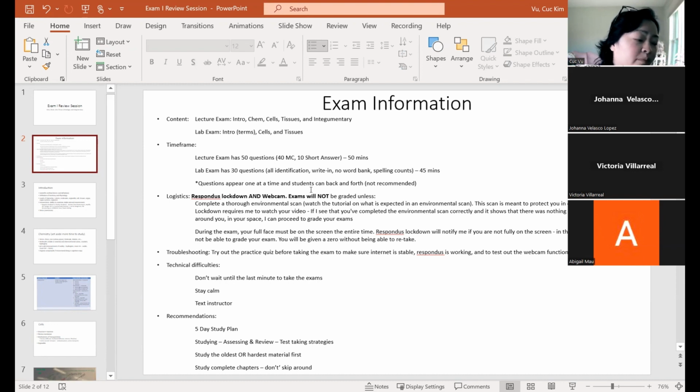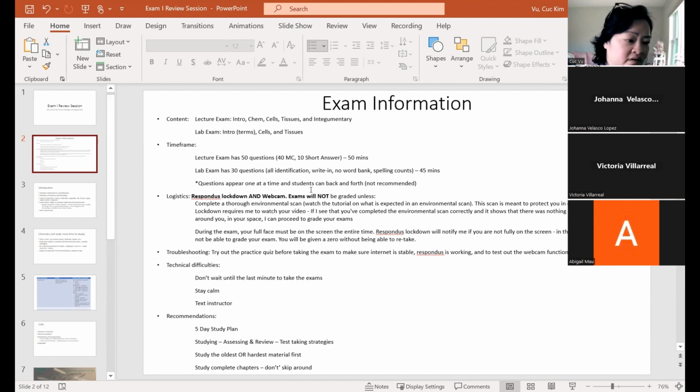Troubleshooting: try out the practice quiz. The practice quiz you can take as many times as you want. And it's there to make sure that your computer is working with Respondus LockDown and the webcam correctly. So just do it ahead of time. Make sure you have stable internet, because just remember, technical difficulties is not a valid excuse. If we're in an online class, and you have a storm and the storm cut off your internet, that's out of your hands, that's something else.